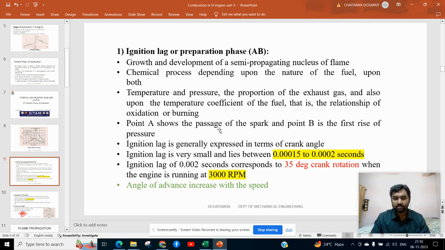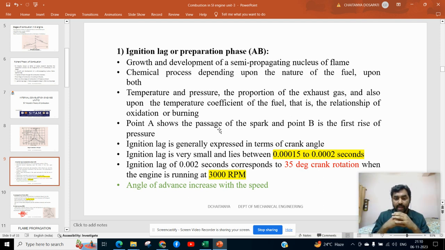He also said there is a passage of spark at A, and at B he observed the time gap. The ignition lag is obviously very small, lying between 15 microseconds to 2 microseconds.